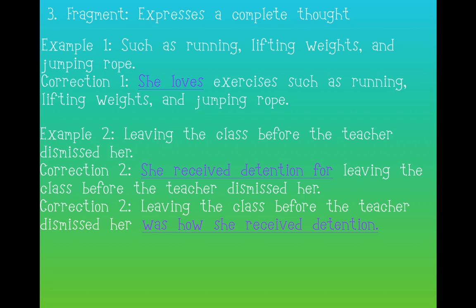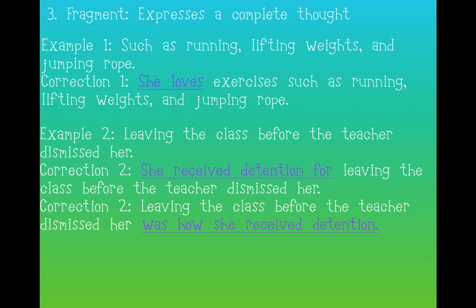Second example: "Leaving the class before the teacher dismissed her." Now this one can be corrected in two ways. A lot of these can be fixed in more than one way. These are just some examples. One way that you could fix it is by letting us know what happened: "She received a detention for leaving the class before the teacher dismissed her."